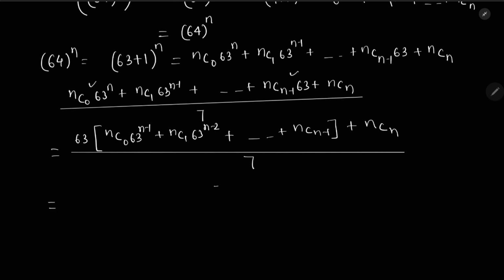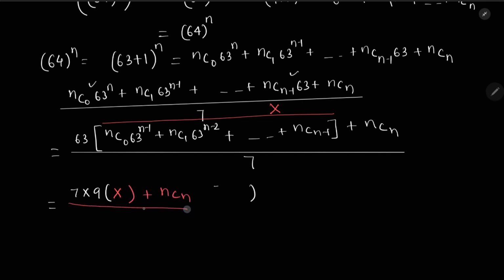As you can see, 63 is a multiple of 7. Okay, 63 is divisible by 7. So I can write it as 7 into 9 into this, and this whole thing from here to here I am writing as x, plus nCn divided by 7.